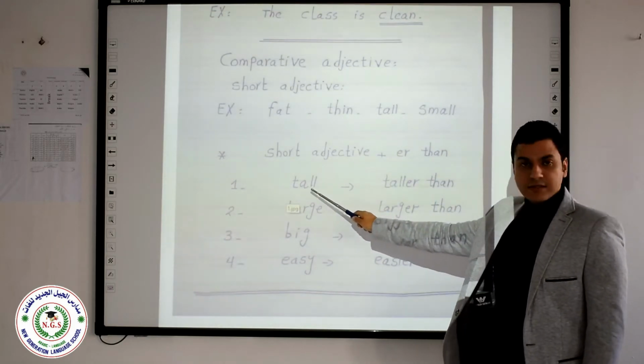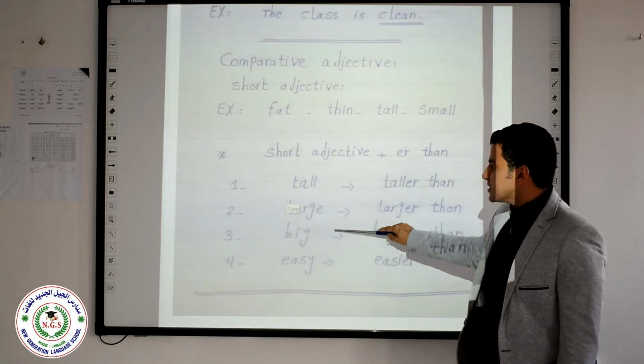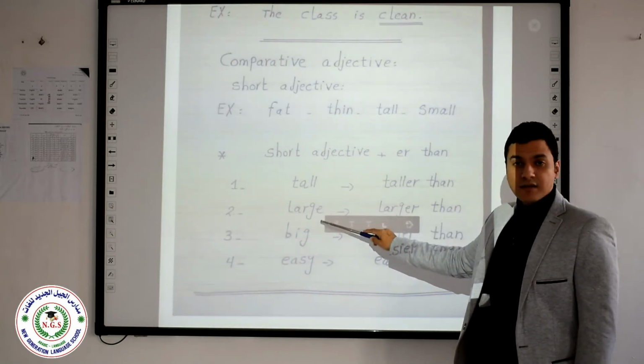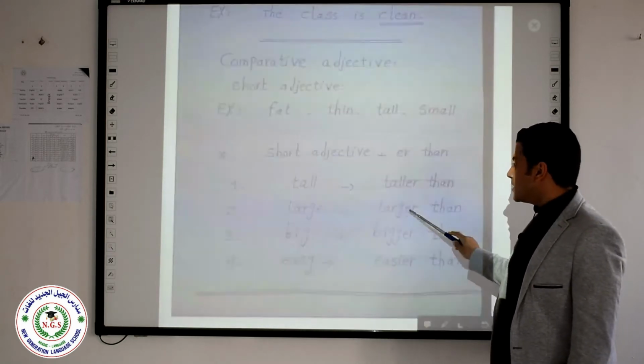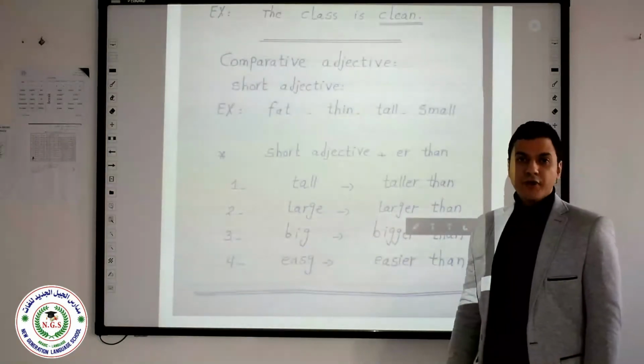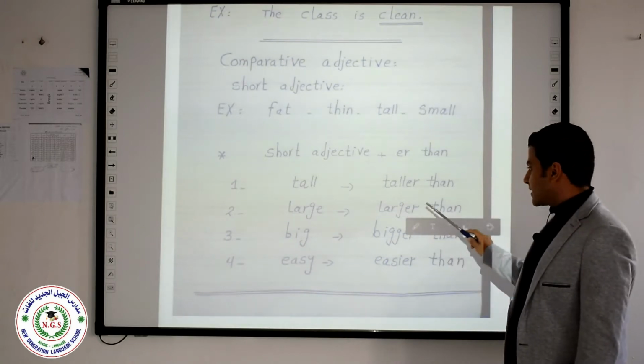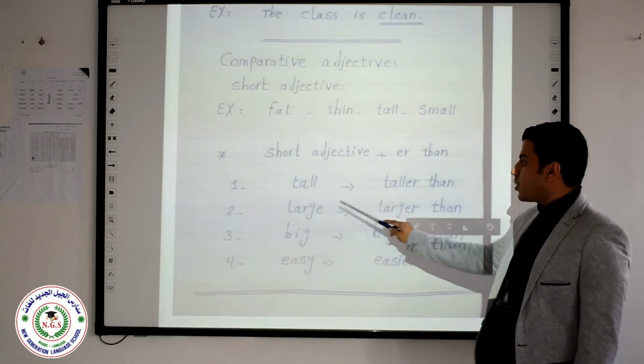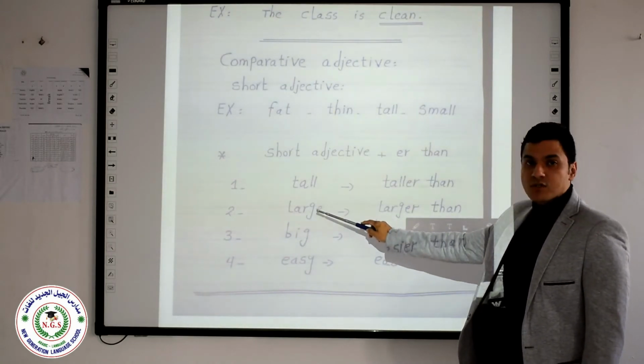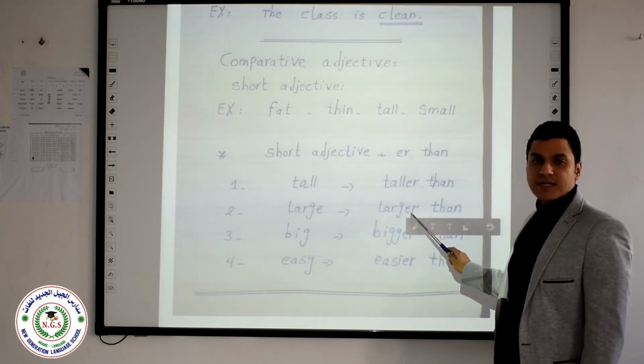First point. طب second point, if the adjective ends with e letter, we just add r letter at the end of the adjective. For example, large كبير الحجم, larger than أكبر من في الحجم.